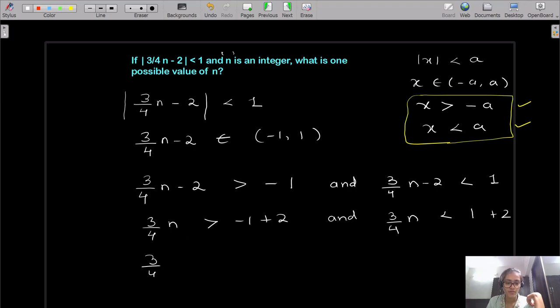So 3 over 4 n is greater than 1, and 3 over 4 n is less than 3.